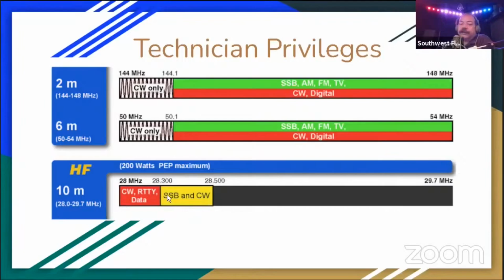And that includes FT8, and that includes some contesting for phone, if it's running and you can get on there. And of course, you have amazing privileges on 2 and 6 meters, and that's the other side of that sporadic E band. So this is open to everybody that has a radio, pretty much. And I saw 10-meter sideband radios on Amazon for under $200. I was like, wow, that's pretty cool.